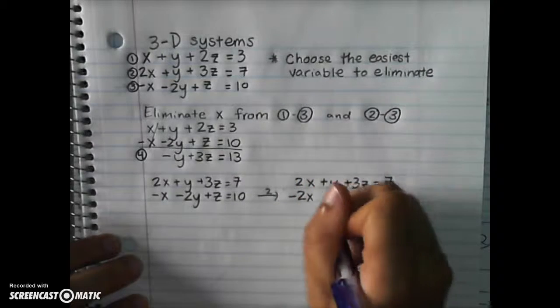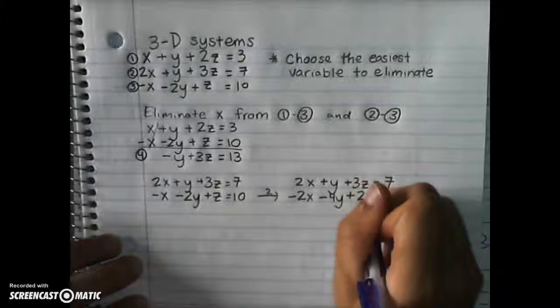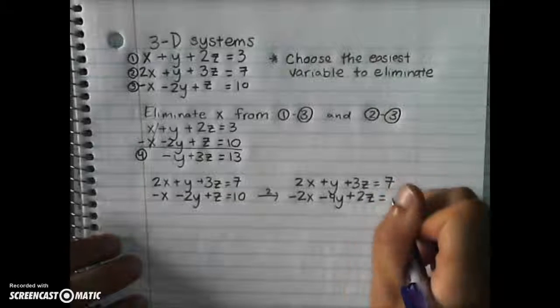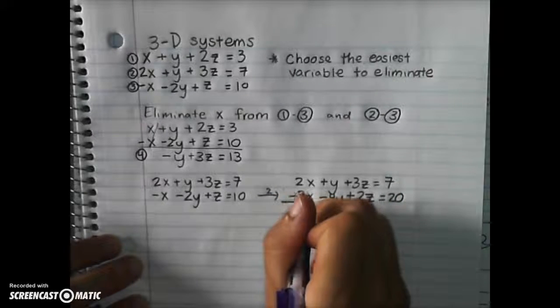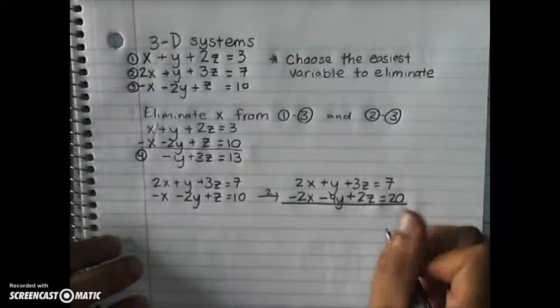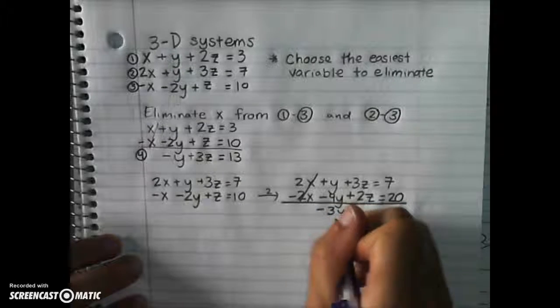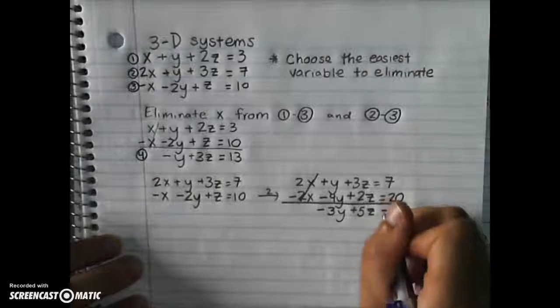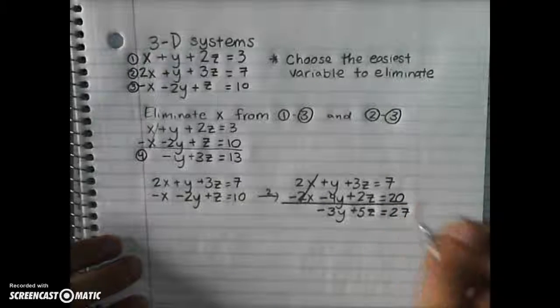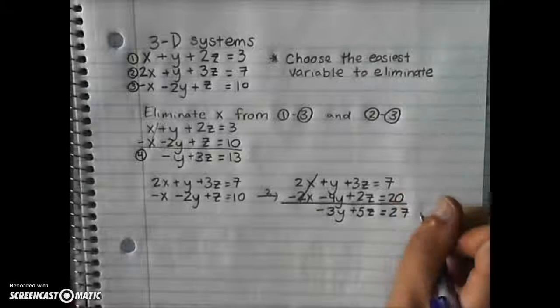Negative 2x minus 4y plus 2z equals 20. The x's are gone. Negative 3y plus 5z equals 27. We're going to call this one equation number 5.